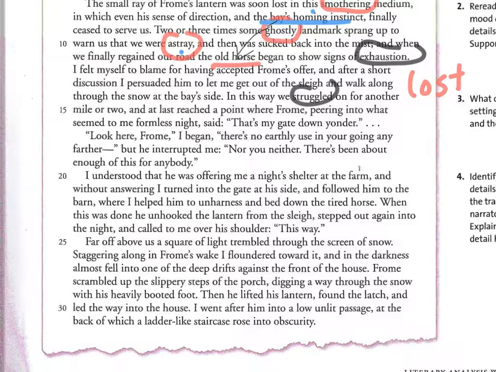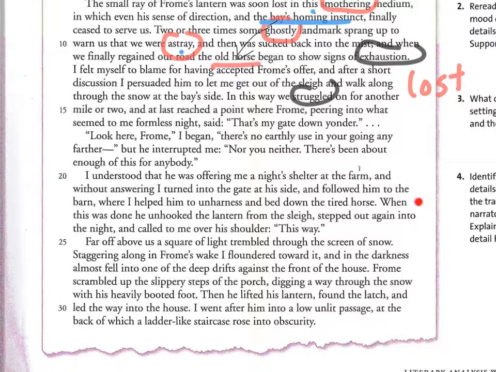When this was done, he unhooked the lantern from the sleigh, stepped out again into the night, and called to me over his shoulder, "This way. Follow me. This way."